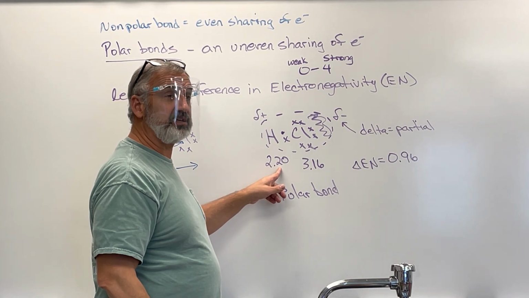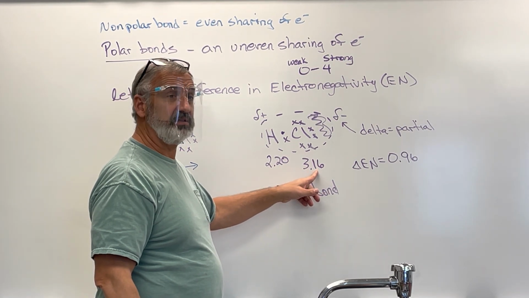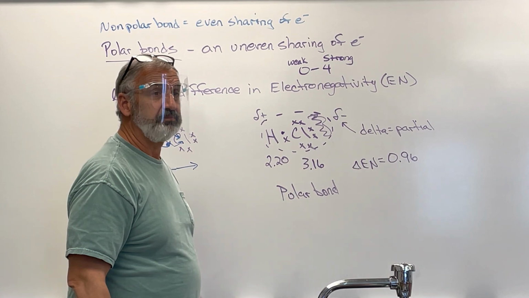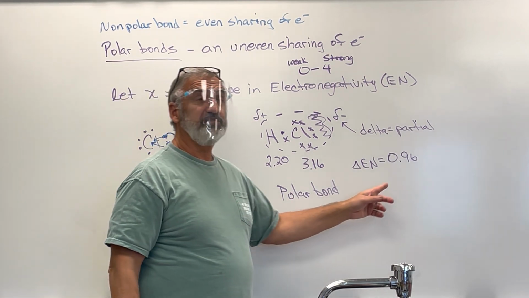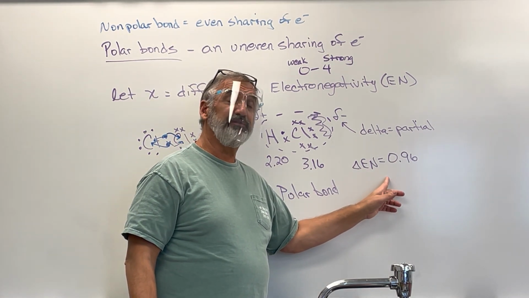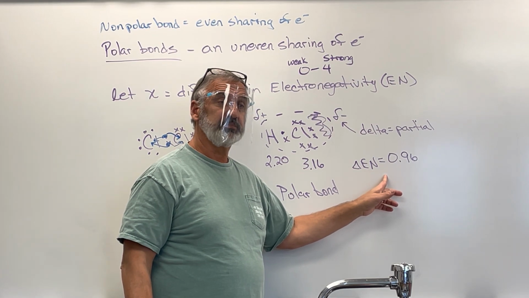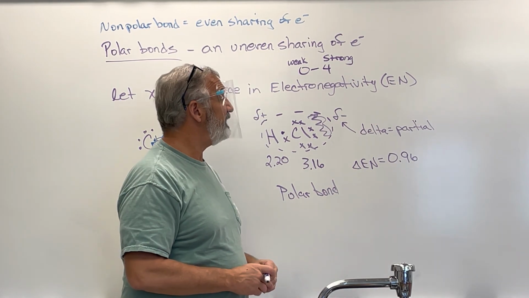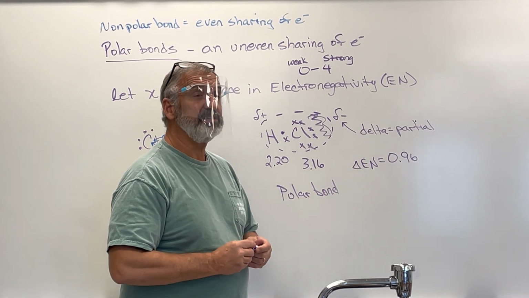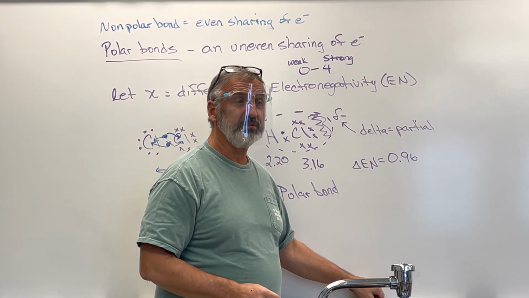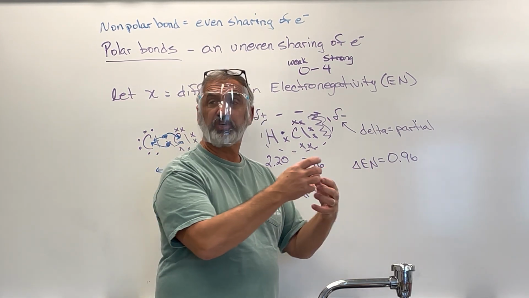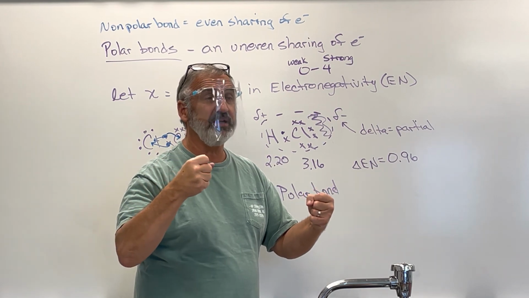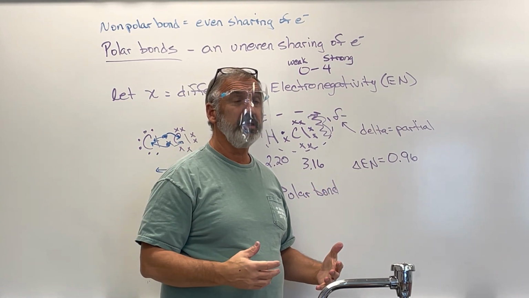It takes 80 to get to 3, plus another 16. So that falls, if you look at that scale, between the 0.4 and the 1.7. Now, if the difference in electronegativity is greater than 1.7, then one is so much stronger than the other, it just takes the electron away. That's going to be your ionic bond.